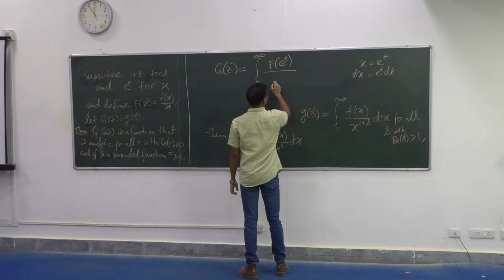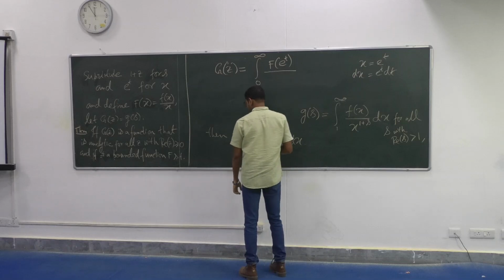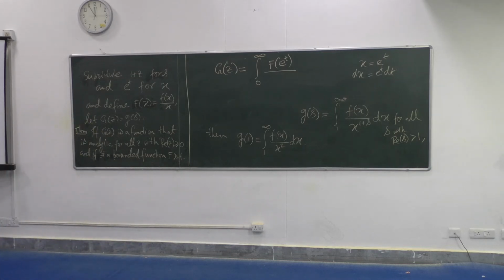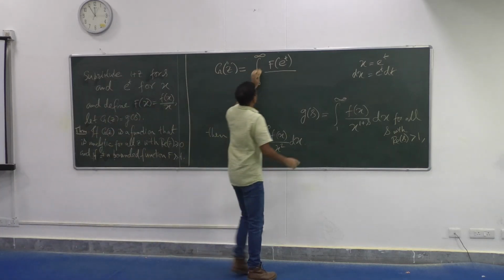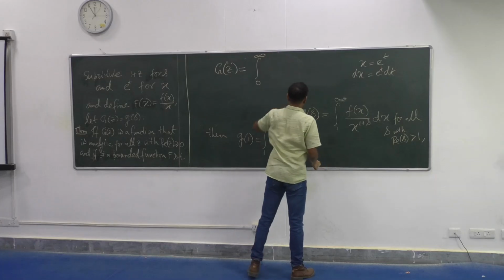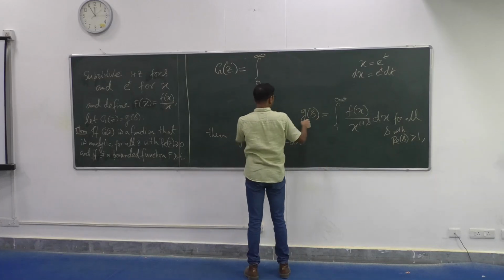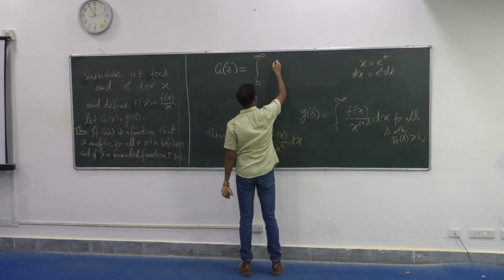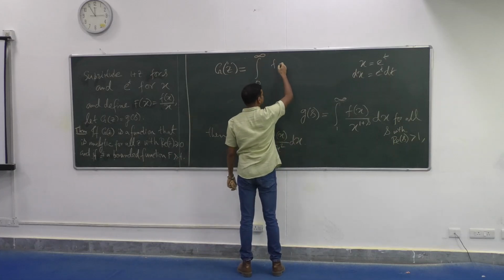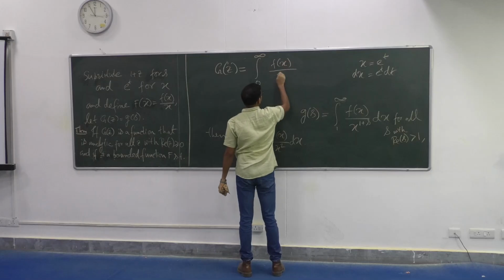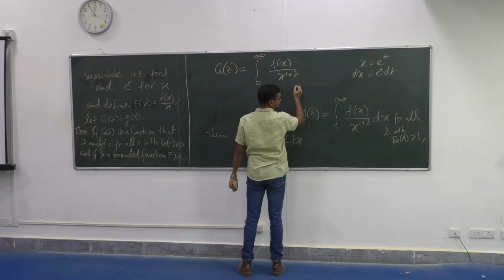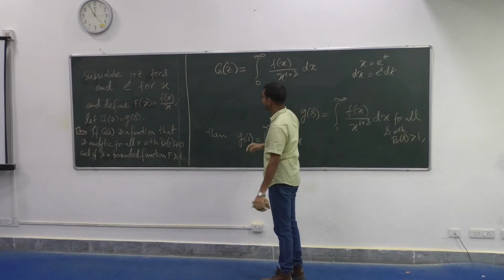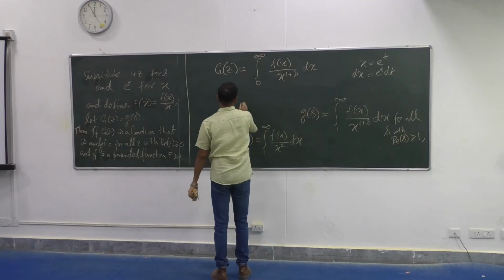So, f of e^t, let's also do this first, and just write down the equation here. So this is g of z. We are just writing g of s for g of z. So let's write in terms of f(x) first. This is f(x) by x to the power 1 plus s dx. Let's substitute e^t there for x.